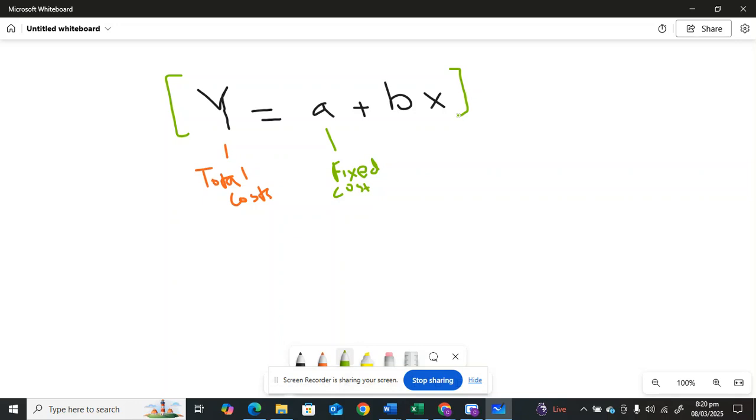This is the equation that we need to form. It can help a company forecast and plan on their costs, because the equation splits the cost into fixed costs, which are represented by a, and variable costs.